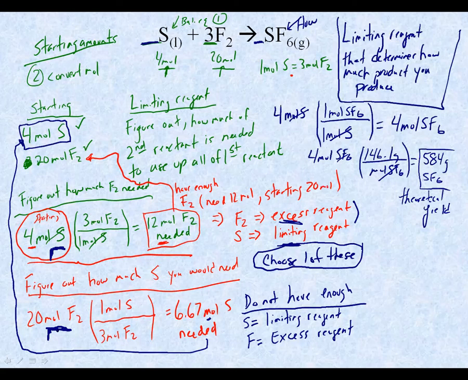Once you figure out which one's the limiting reagent, you then want to use the limiting reagent to figure out how much product you would make. Again, though, when you do that calculation, just like I just did, you want to make sure you go back to the starting amount for that limiting reagent and do the problem like normal.